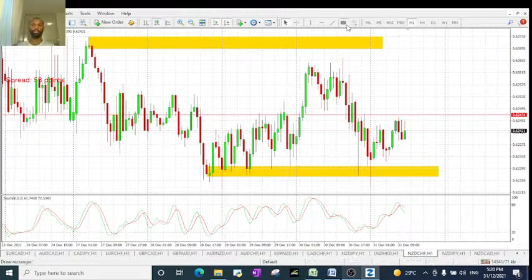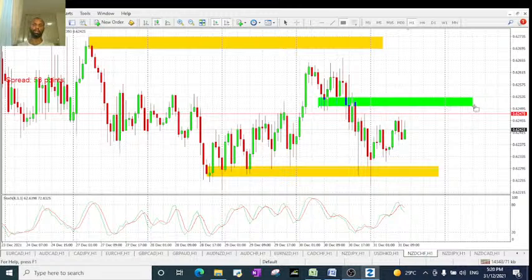So for today, man, this chart is not clean at all. You have so many problematic areas that it's almost impossible to trade. The zones are so small.